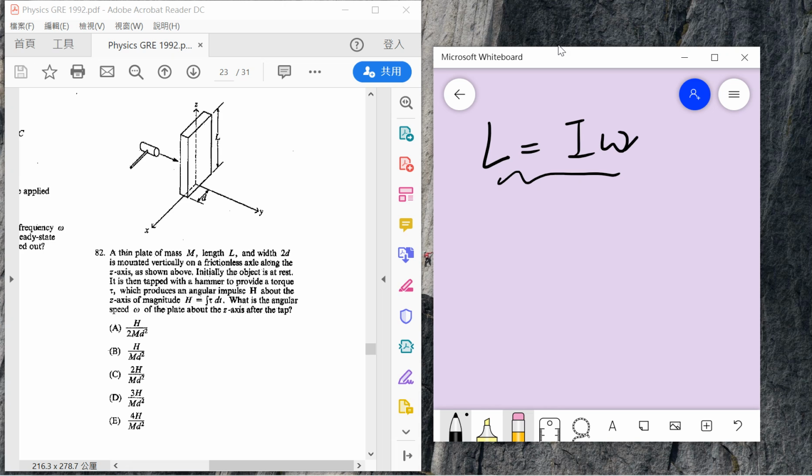So remember that the I of a rod at the center of mass is 1 over 12 m d squared. So suppose you have a rod. Sorry, let me change my graph.